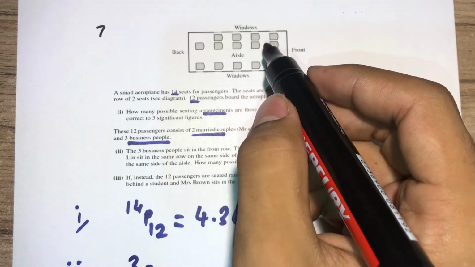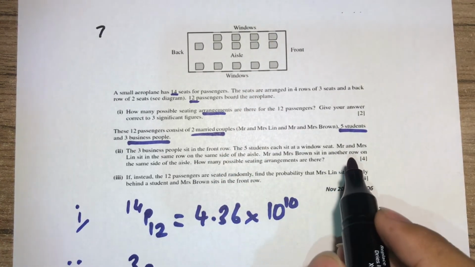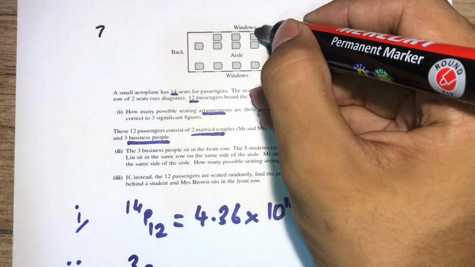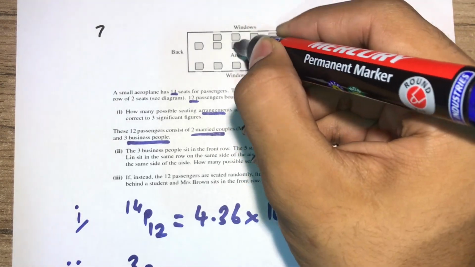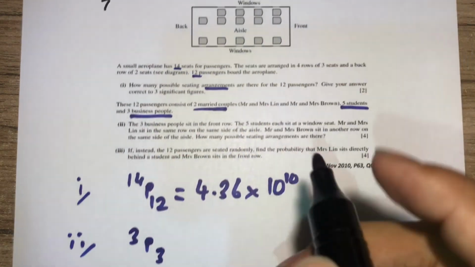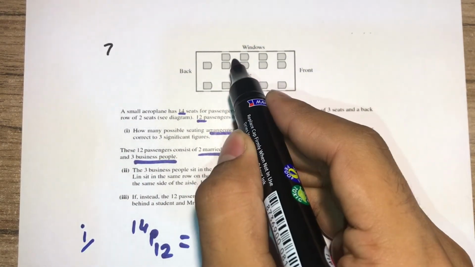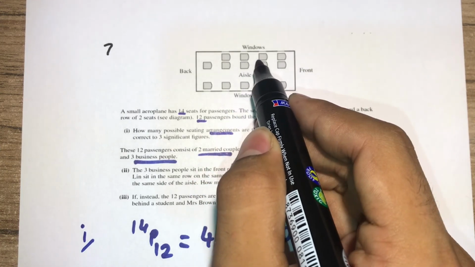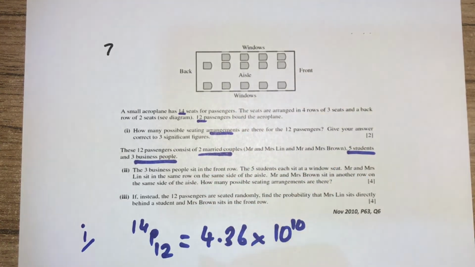So they're saying that the couples have to sit together on the same side of the aisle. So either the couples will sit over here or here or here. So for the couples, there are 3 possibilities, right? 3p2. Out of these 3 places, the couples will take 2 places.